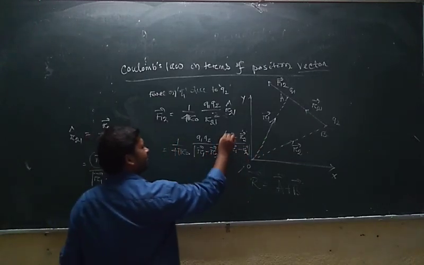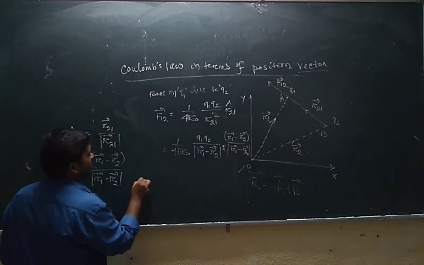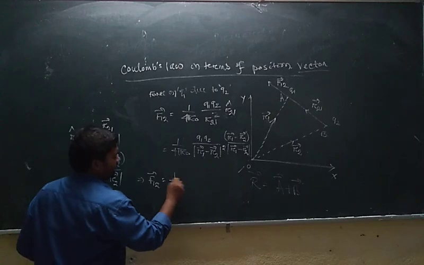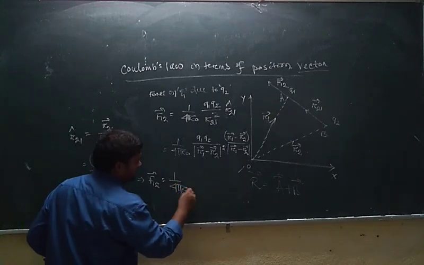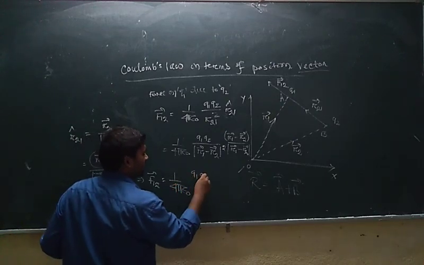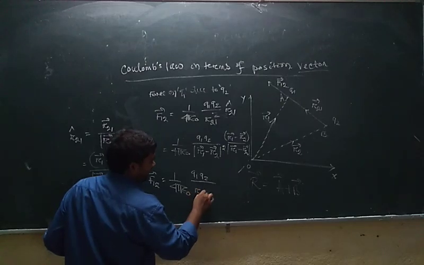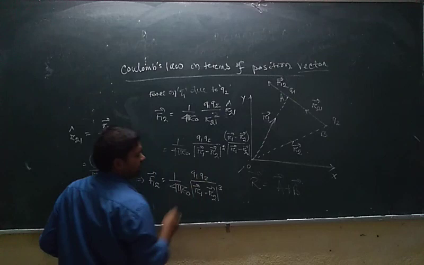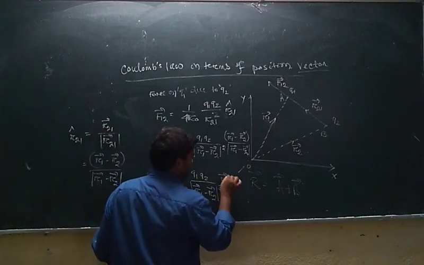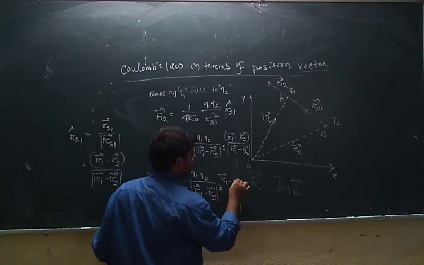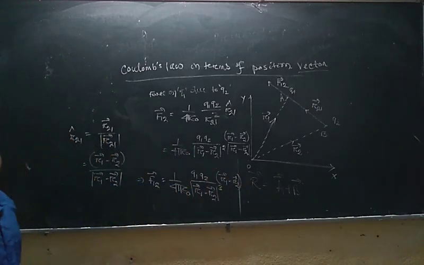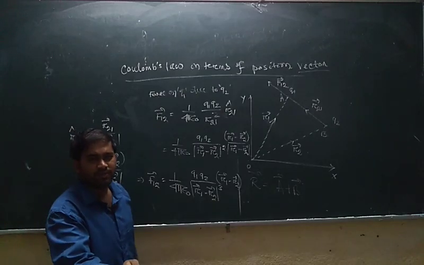So that will give the F12 vector equals 1 by 4 pi epsilon naught, Q1 Q2 by the modulus of R1 minus R2 cubed, into the R1 minus R2 vector. So that will be Coulomb's law in terms of position vector.